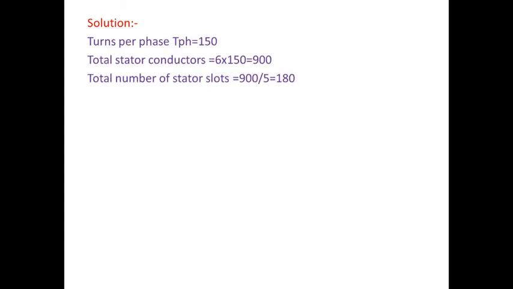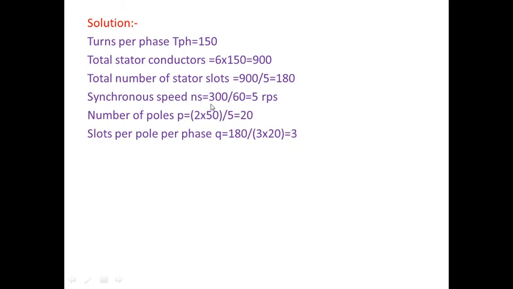Now first you calculate whatever data is given. Turns per phase T phase is equal to 150. Total stator conductors is 6 into 150, that is 900. Total number of stator slots is 900 by 5, that is 180. Synchronous speed NS is 300 by 60, that is 5 RPS, correct.